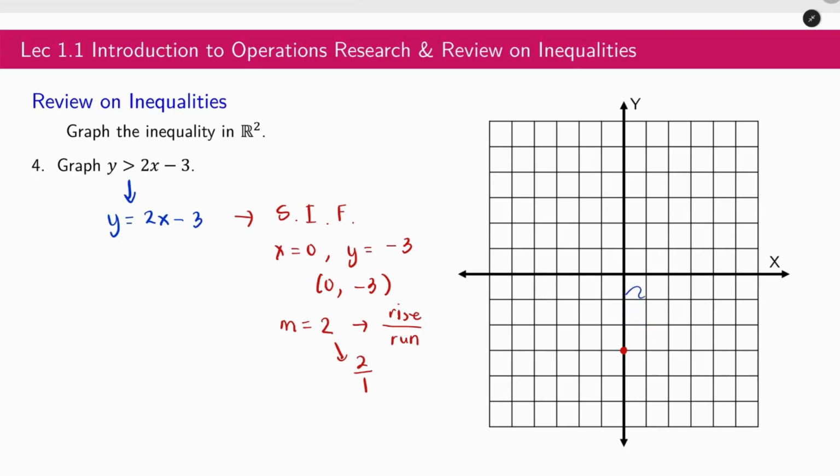Okay, you have 1, 2, 1, 2. Okay, going up because it's rise and positive. And then run, positive 1. So, you are moving to the right. Okay, now we already have 2 points. So, it means we can connect them by a line. Okay, let us connect them by a line.